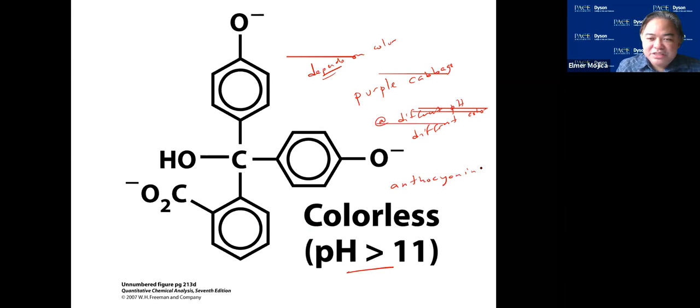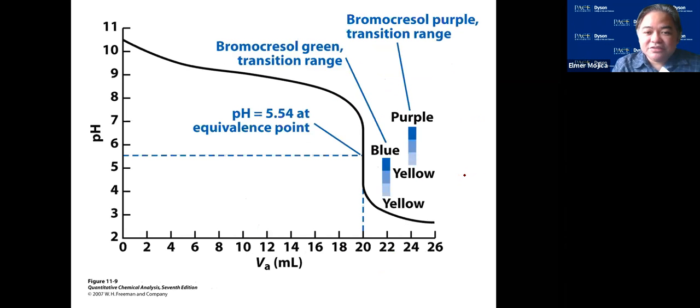So at different pH, they exist as different colors because they have different forms. The other thing that you can look at is bromocresol green and bromocresol purple. If you look at the transition range that you have here, this is blue, this is yellow. So the equivalence point is 5.54.